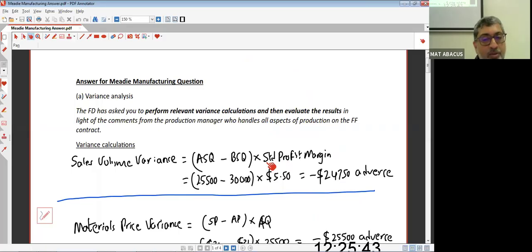Do not multiply by actual profit, because this is what we expected, 550. Since we sold less, it will be adverse. We sold 4,500 units less, and we had expected $5.50 each, so we'll be short in profit: $24,750 adverse sales volume variance.